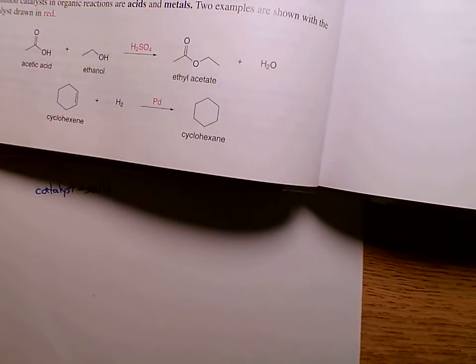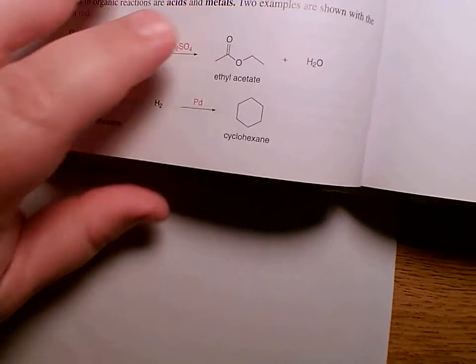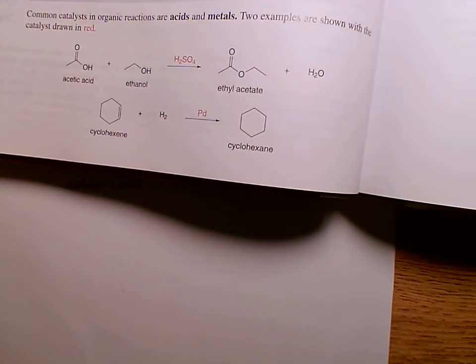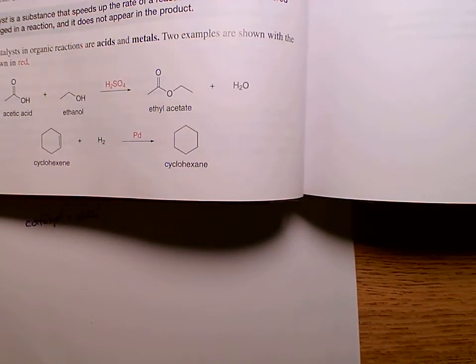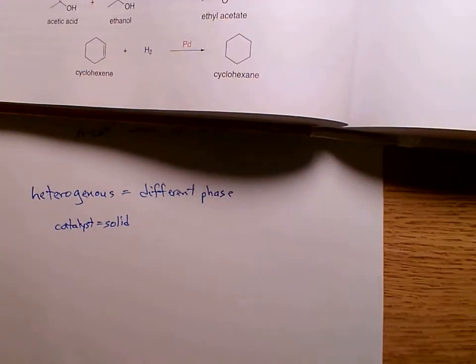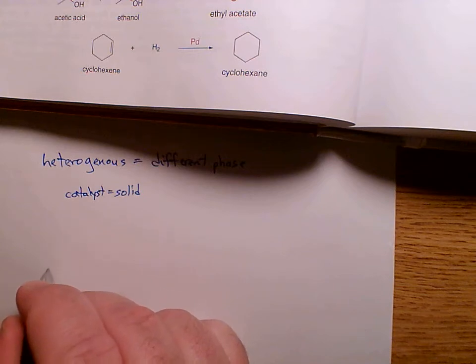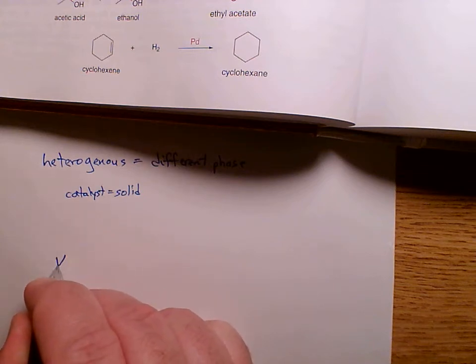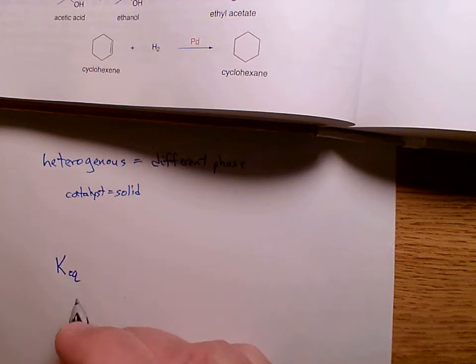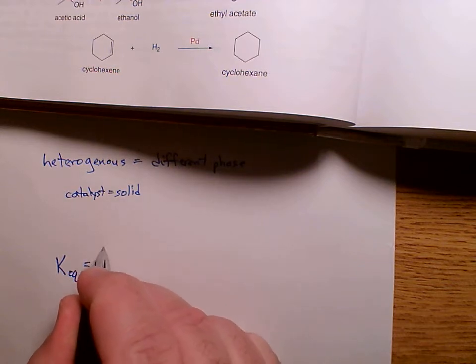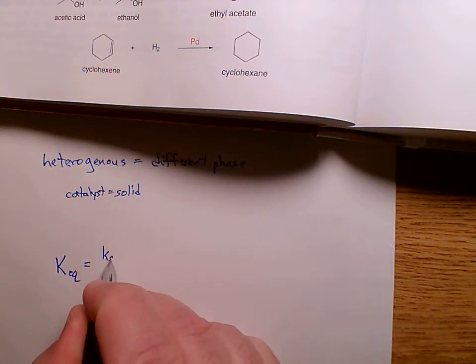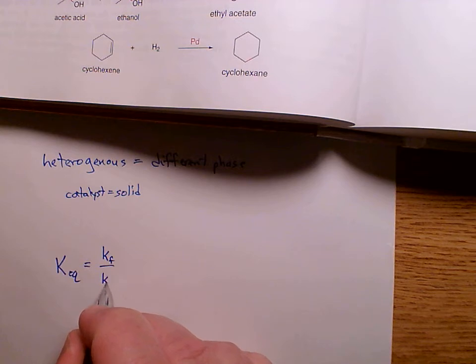And here's another important thing in kinetics and thermodynamics that we need to discuss, and that is if you look at the equilibrium constant for a reaction, it equals the forward rate constant divided by the reverse rate constant.